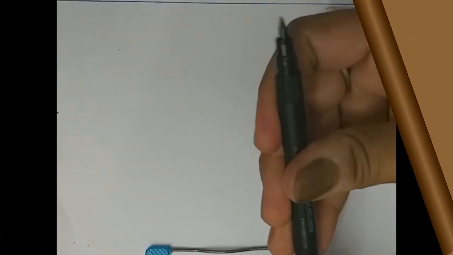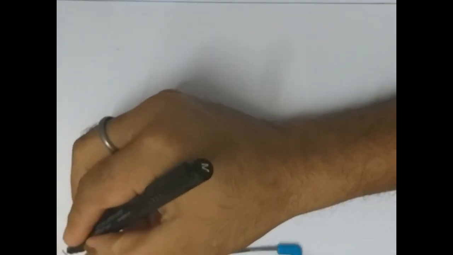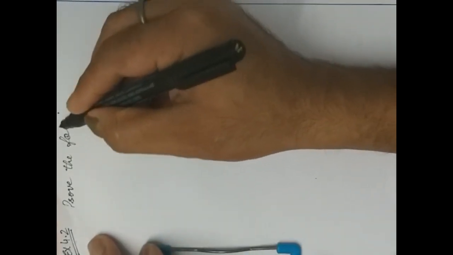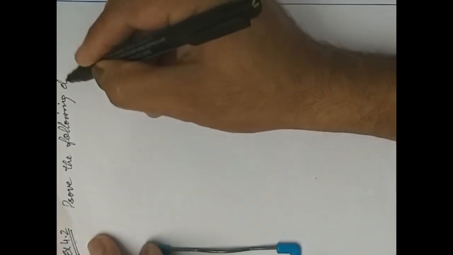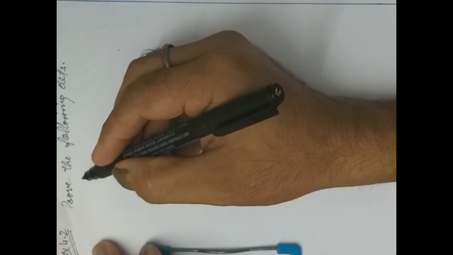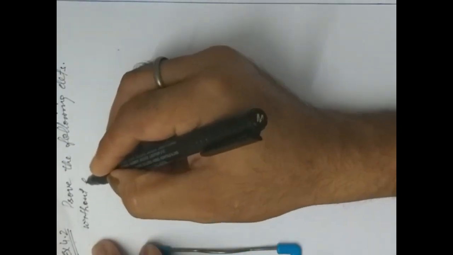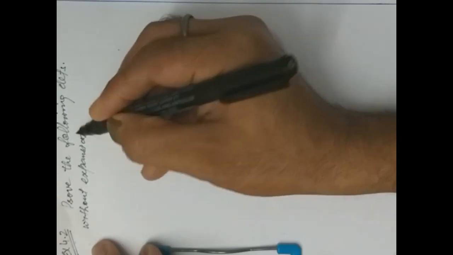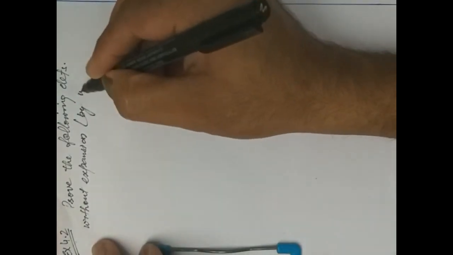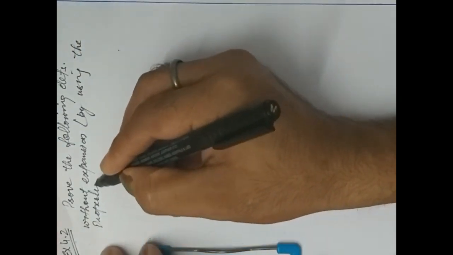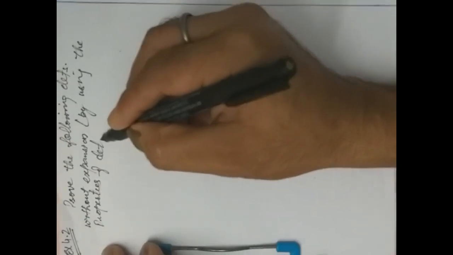We start exercise 4.2, in which the first question is: prove the following determinants, but without expansion, means by using the properties of determinants.